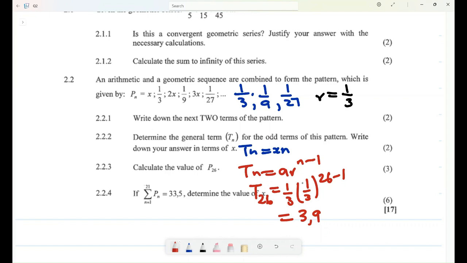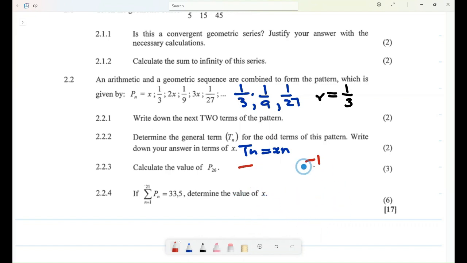All right, there is something I'm realizing here. They want P26. I almost made a mistake. Allow me to say this is P1, P2, P3, P4, P5, P6, right?